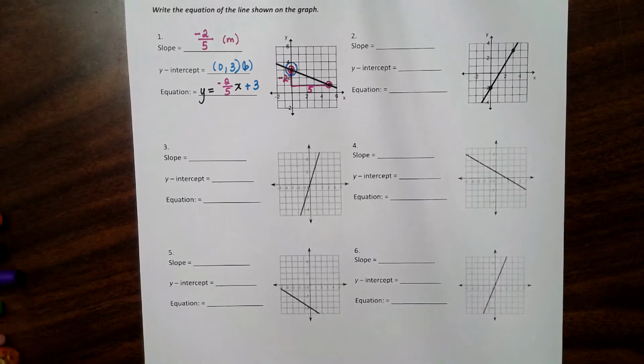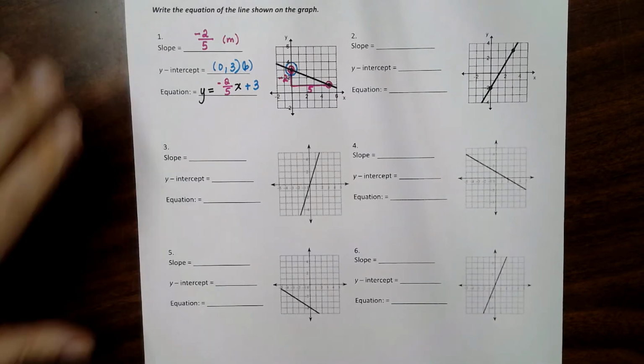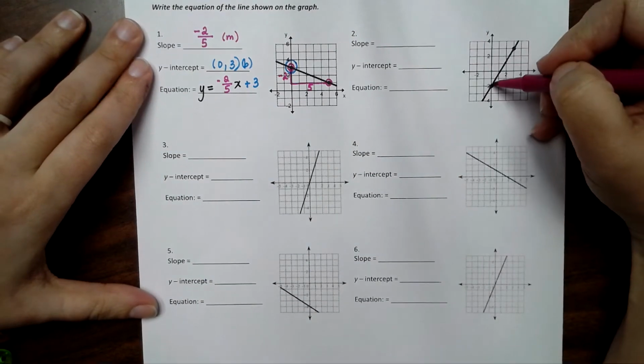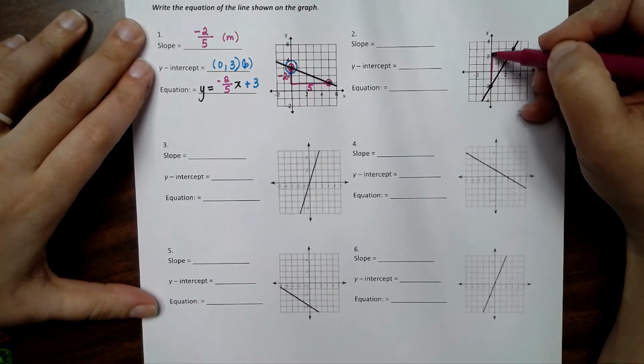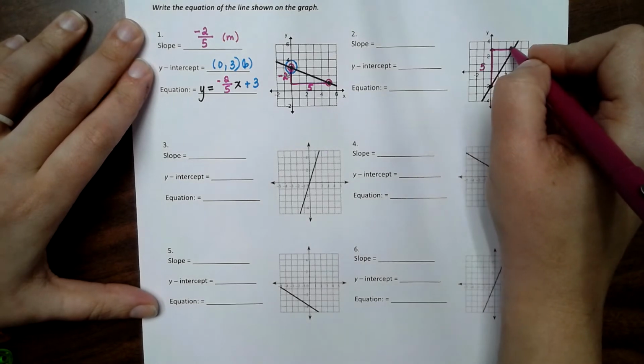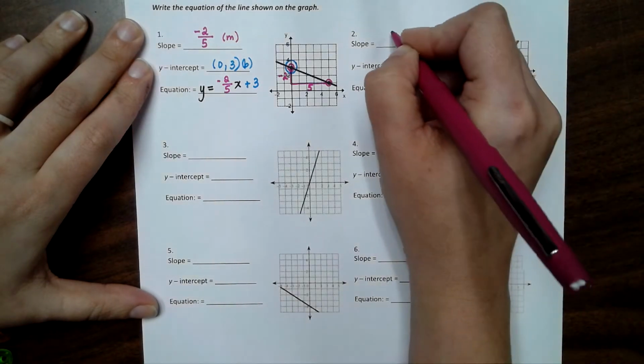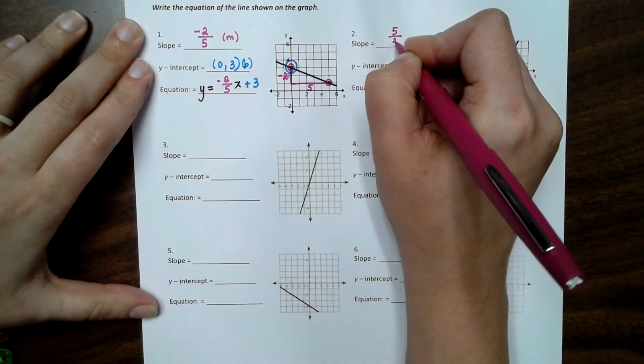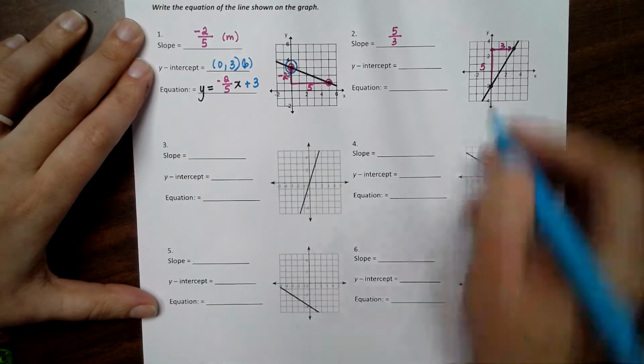We're going to now repeat this process a few times to go over several examples of how you would find the slope and the y-intercept and write the equation. So in problem number 2, to find the slope, I would go up 5 and to the right 3. So my slope would be 5 over 3.